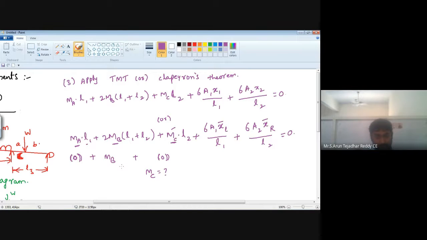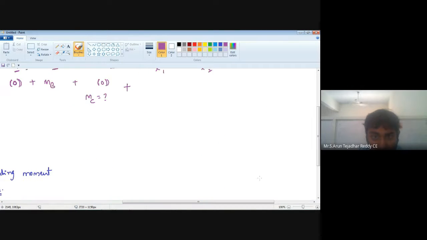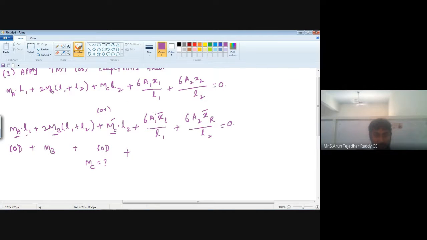So we need to calculate the MB and MC values. Now plus 6 times A1. We just calculated the A1 value based on the free bending moment diagram, A1 and A2. Whatever values we got there, just substitute in place of A1 here.